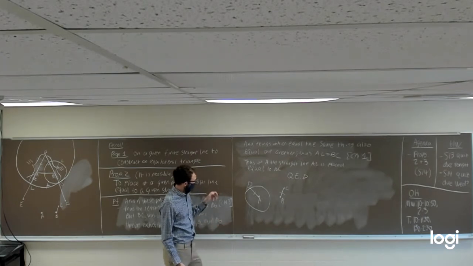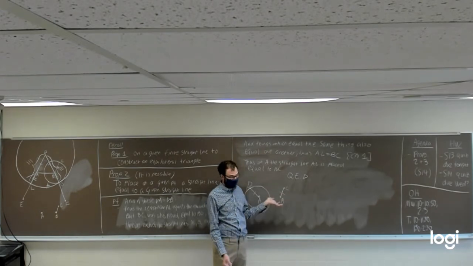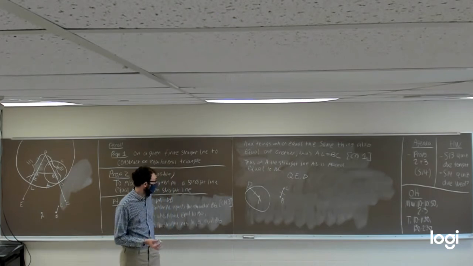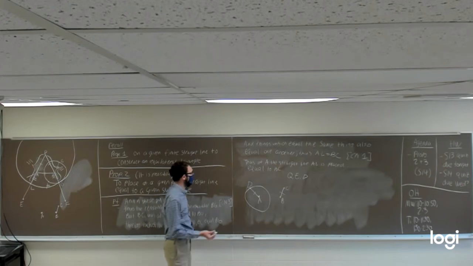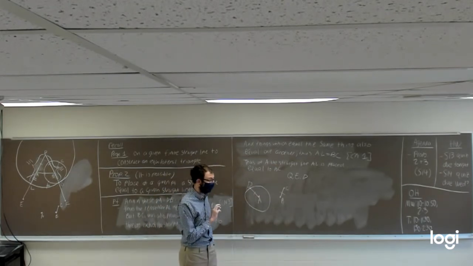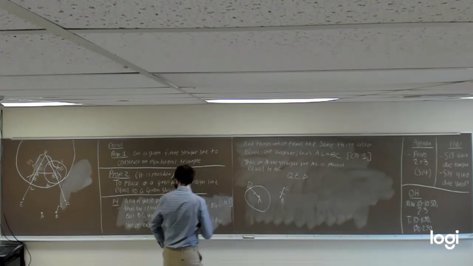Other than being able to say, after you constructed these, trust me guys, I know what I'm doing, I constructed it in this way, there is no justification as to why this line should then be equal to this line, other than taking Euclid's word for it that he set the compass the same way in both cases.